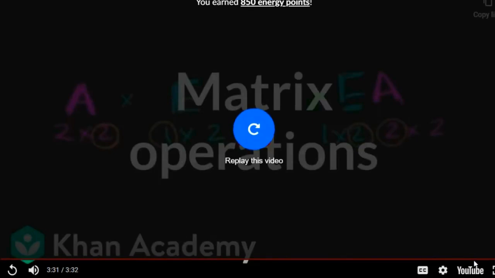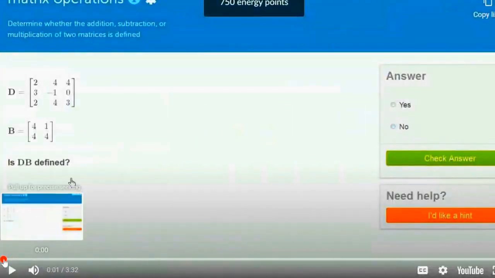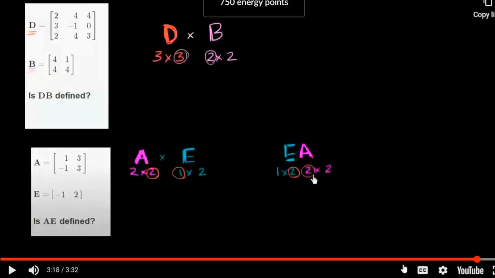So yeah, I think that's something that's very interesting. If we go back and look at, let me pause that. You made a really good point down here. With A and E, you cannot multiply A times E, but you can multiply E times A. Matrix multiplication is very different than just the rules we're used to. In normal mathematical operations, 2 times 5 is the same as 5 times 2.